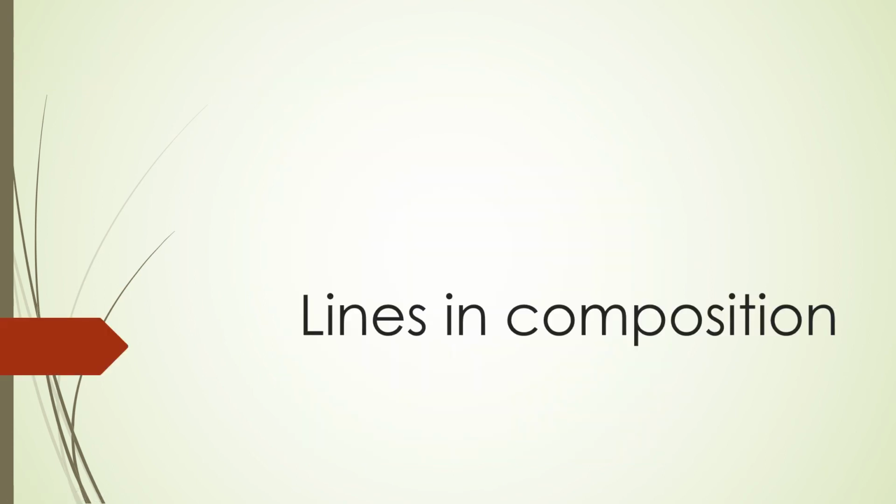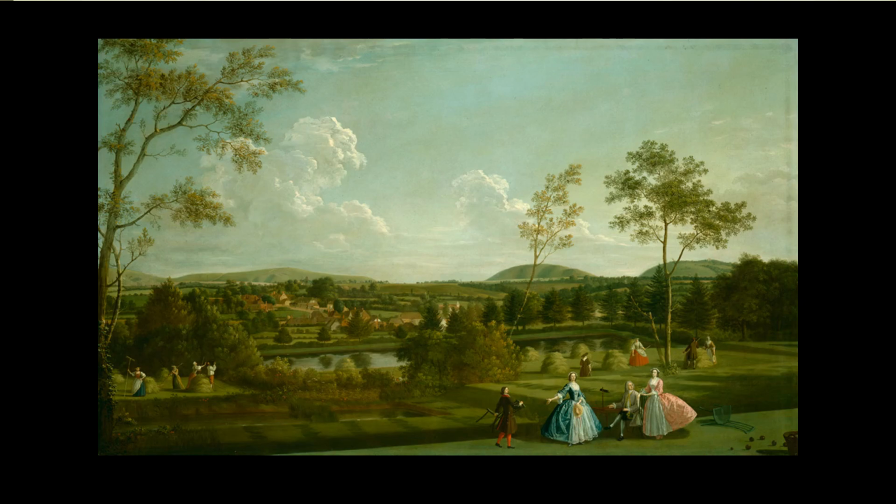Now the main subject I wanted to talk about is lines. Lines are very important in composition, and we will see how they play. Let's take a look at this painting. If you remember, in the previous lecture I talked about eye movement, how our eyes move when we are scanning the picture.